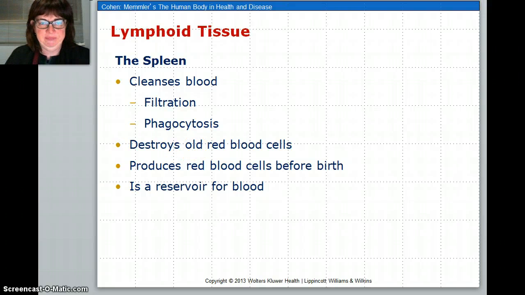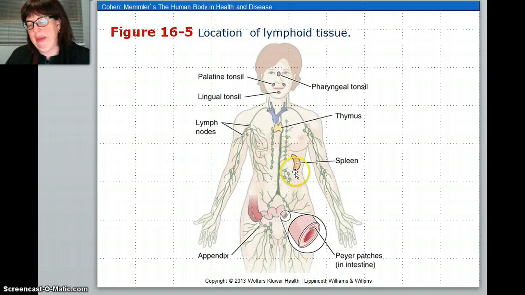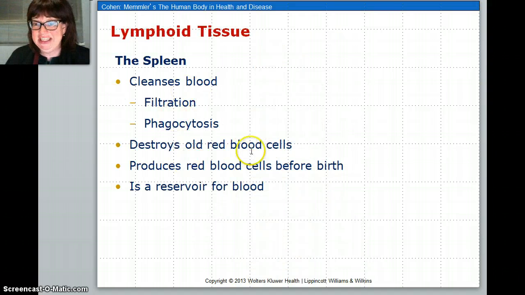Next, the spleen. If you remember, the location of the spleen is on the back, sort of behind the liver. Now, the thing about the spleen is it can easily be damaged because it does not have a hard covering on it. The whole function of the spleen is to cleanse the blood. So for clarification, the lymph is cleansed by the lymph node.